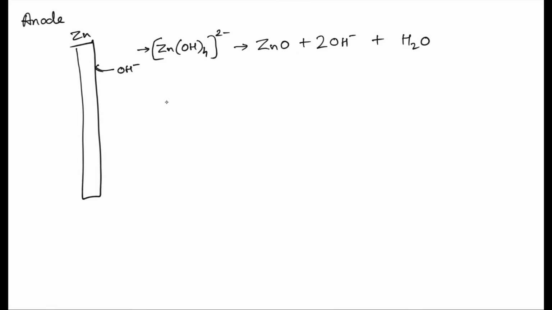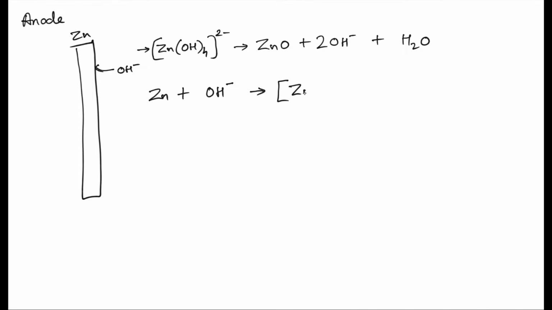So the overall reaction that happens at the anode will be zinc plus OH minus.